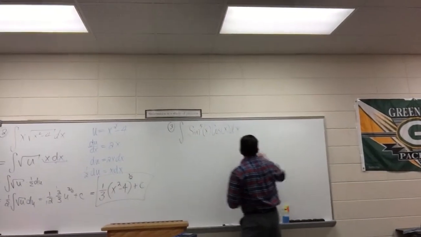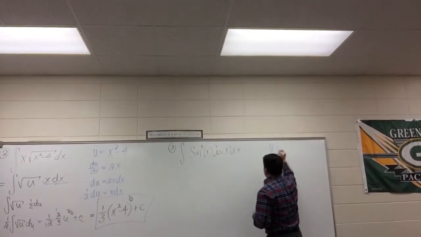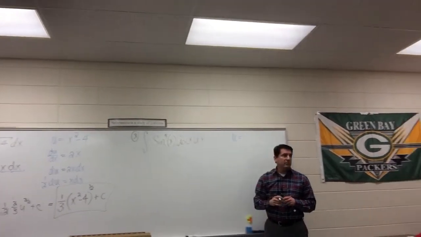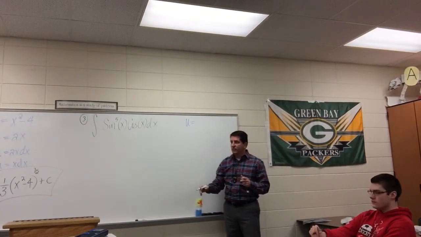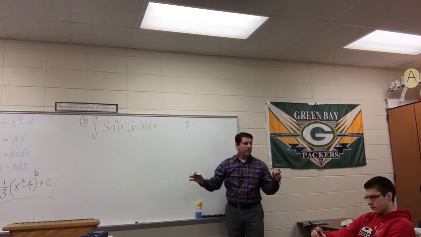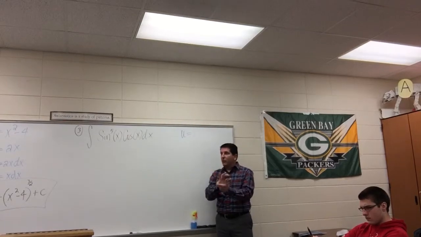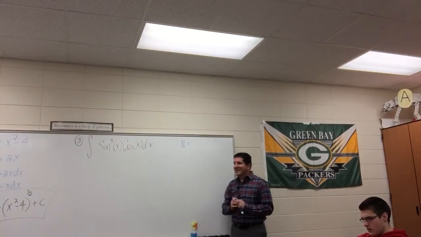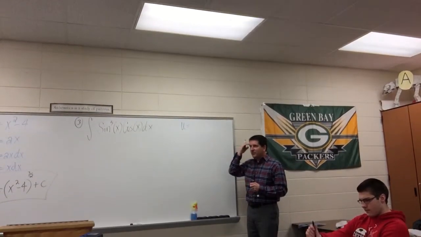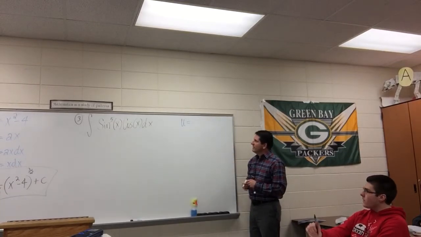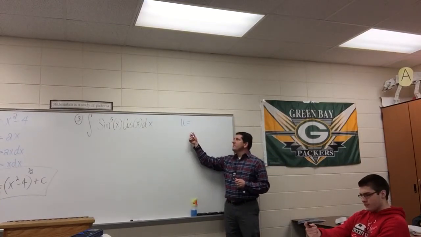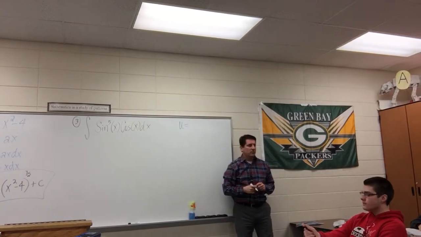Your first job is really to decide whether or not it's a U substitution, because after we're finished this unit, they're not all compartmentalized into, these are all U substitution problems. You're going to have to decide, do I have to use it or not? Okay, so any guesses what U should be?